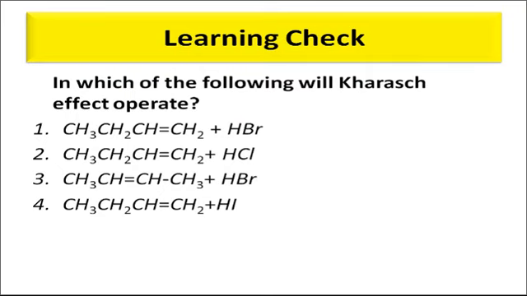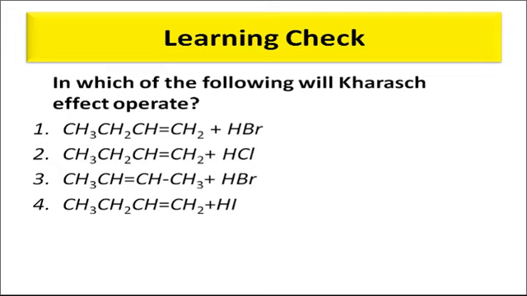Now it is time for the learning check. Read out the question on your screen and think about the correct answer. In which of the following will the Kharasch effect operate? First is the reaction of 1-butene with hydrogen bromide.